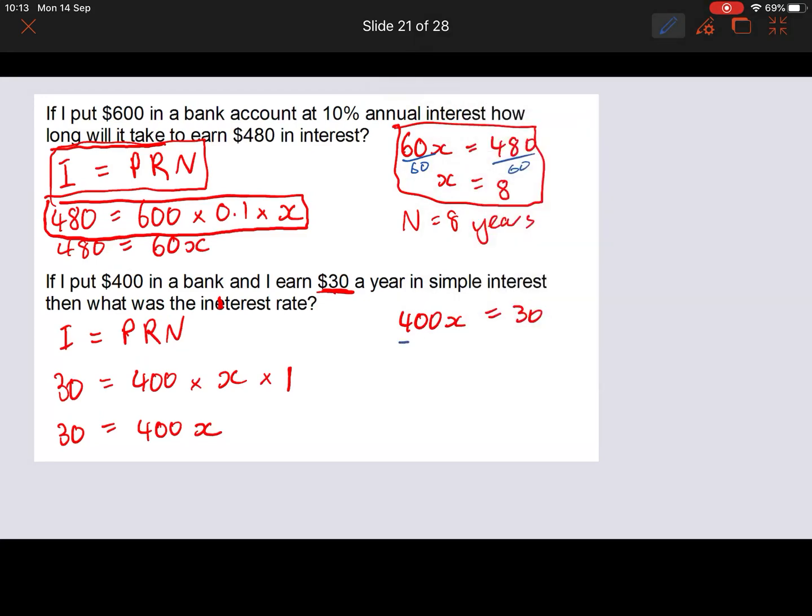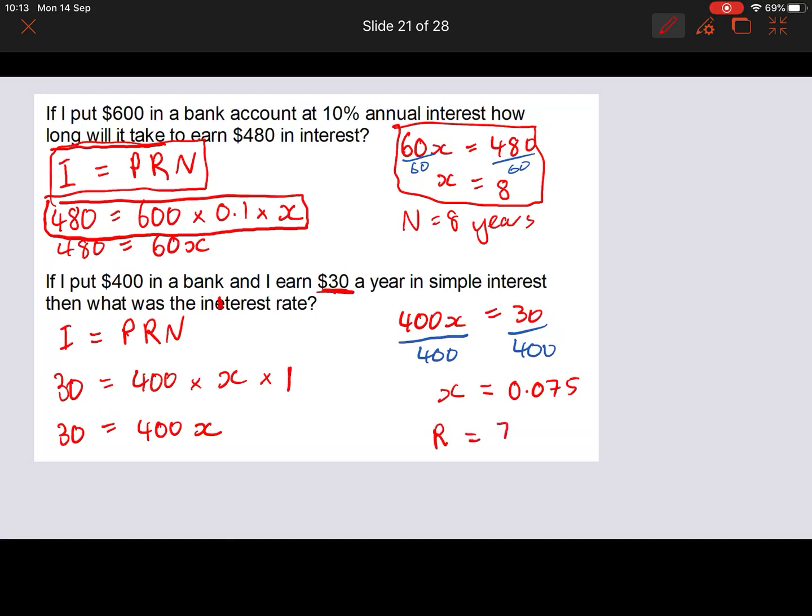So all we're going to do is get 30 is equal to 400 times 1, which is still 400, so 400x. Let's write that up here. 400x equals 30. So how do I solve the equation? Simply divide both sides by 400.